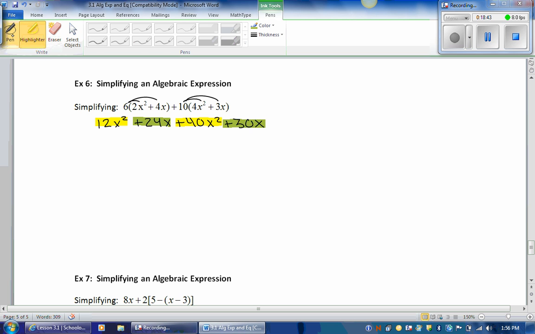So I have to make sure that I combine the like terms. 12x squared plus 40x squared is 52x squared. And then 24x plus 30x is positive 54x. Okay, you don't change the exponent on the variable, you leave it. You're just adding or subtracting the coefficients.